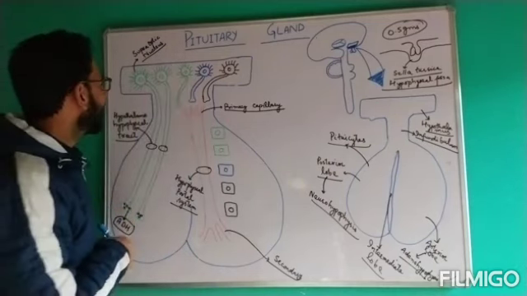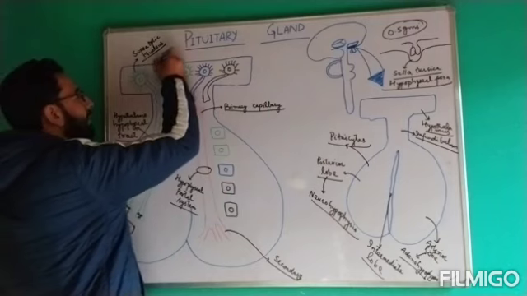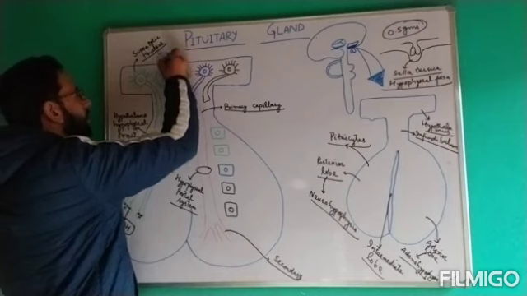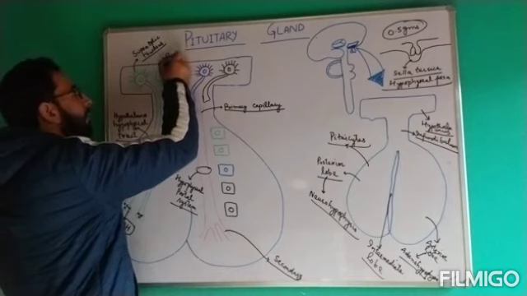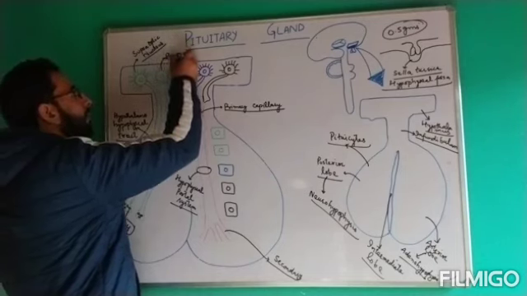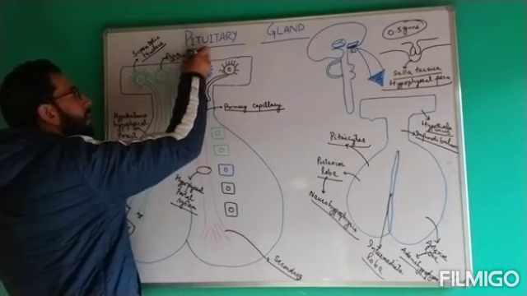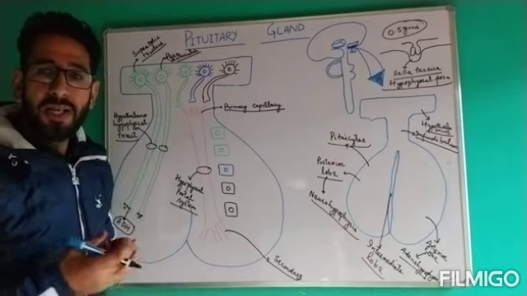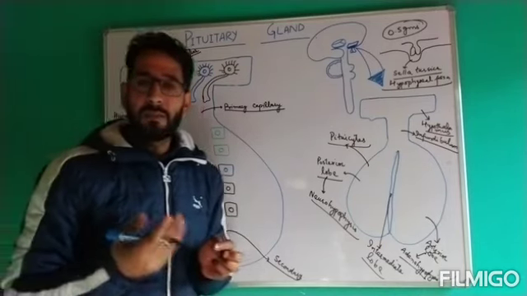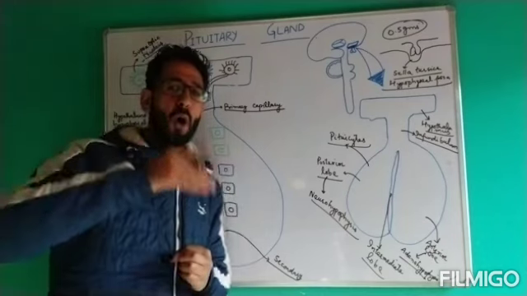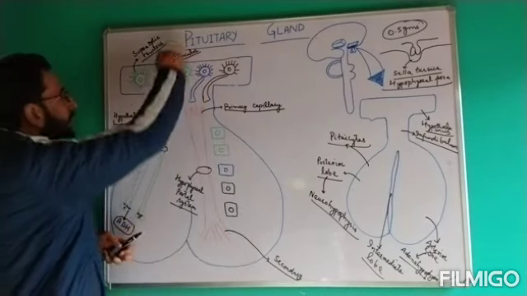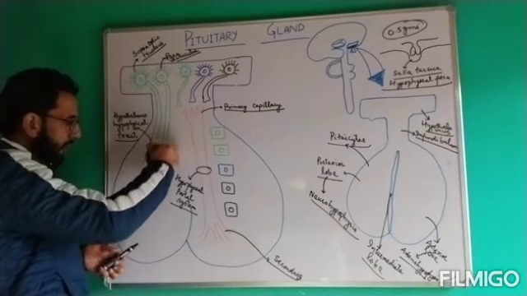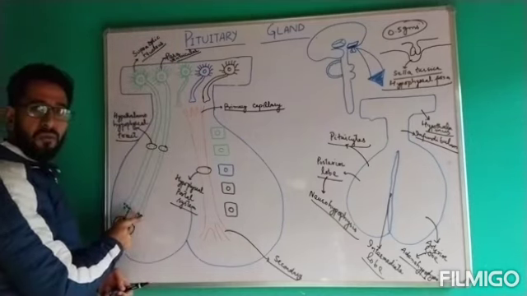Then we have the second nucleus here, which is called the paraventricular nucleus. This paraventricular nucleus also synthesizes a special hormone. Just like antidiuretic hormone, that hormone is synthesized here, transported down through the axon, and stored here in the form of vesicles.